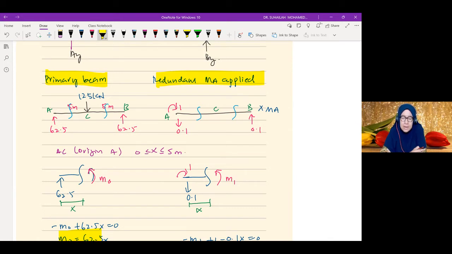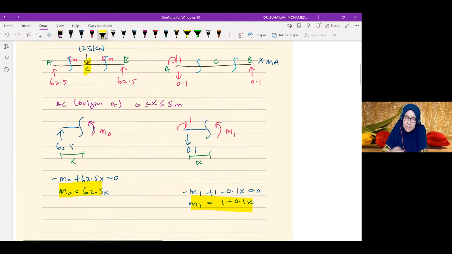Then since we have a point load, we have to label C at the point load, because the equation will be different before the point load and after the point load. That is why we have two cutting sections, AC and BC, and we have to keep the two cutting sections in the redundant beam as well.